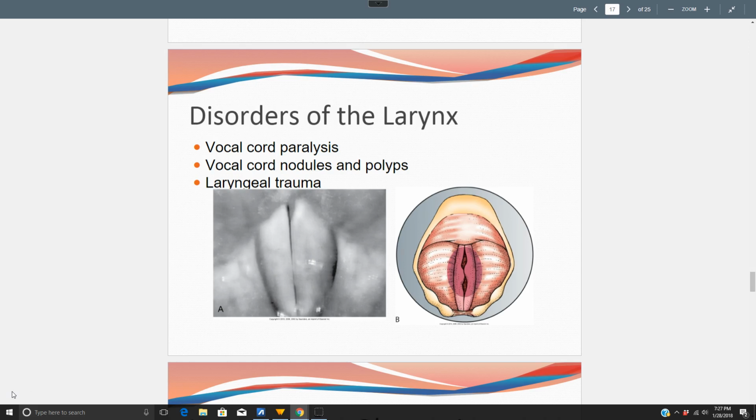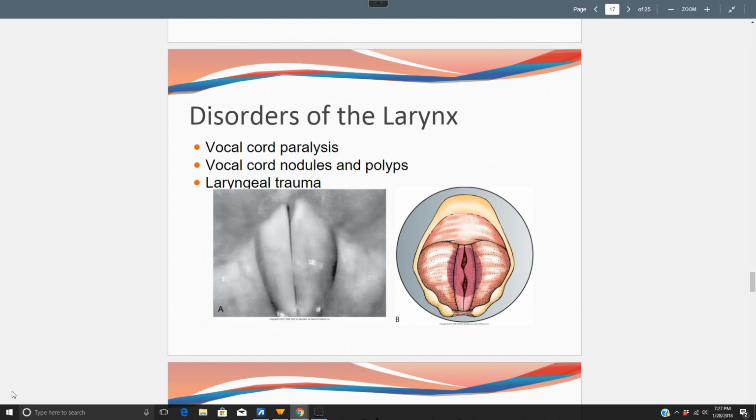They can also learn to tuck their chin down and tilt their forehead forward during swallowing. We want to make sure they don't develop an aspiration pneumonia with this. So that's one type of disorder of the larynx.